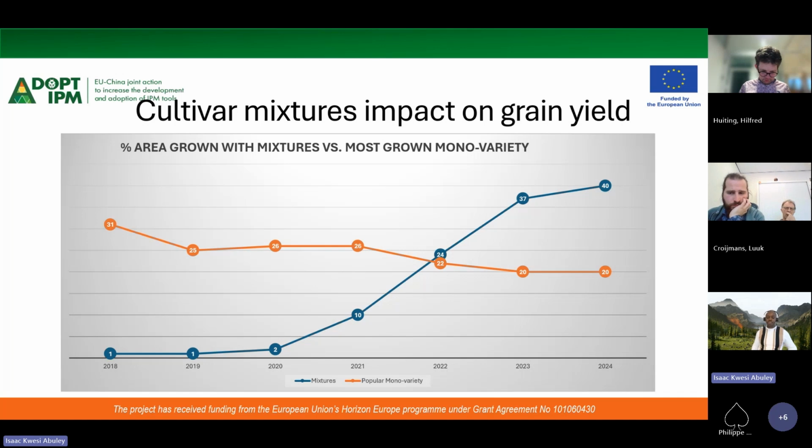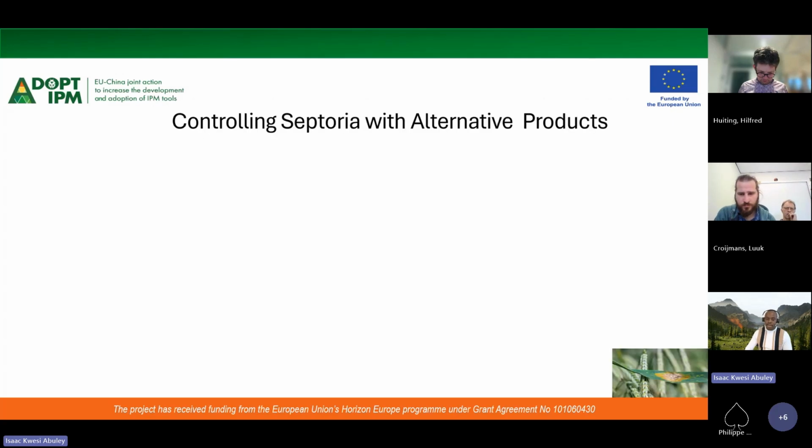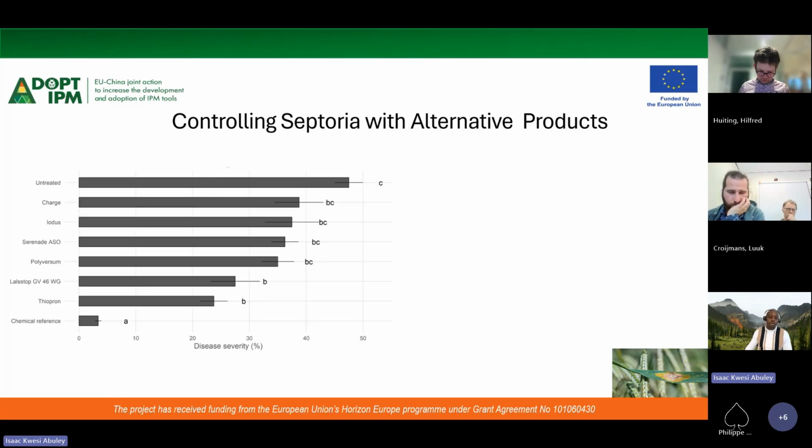So we see that there's a huge prospect in using cultivar mixtures. However, we also have another challenge, which is pesticides, which we are not able to use, or in future cannot use. So we are trying to explore in this project how we can use alternative products. Overall, we've tested a lot of products.